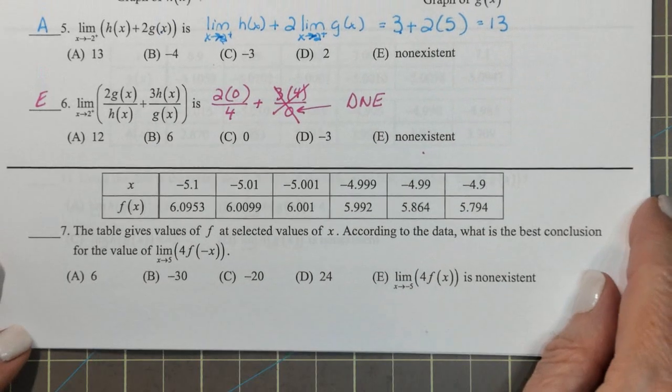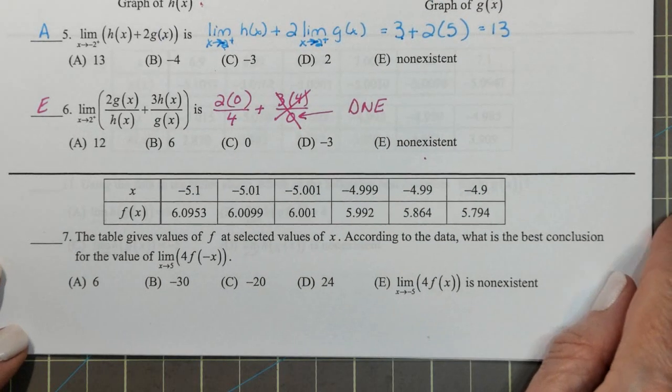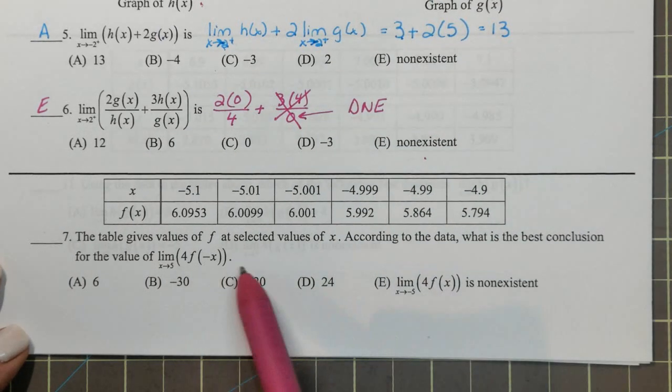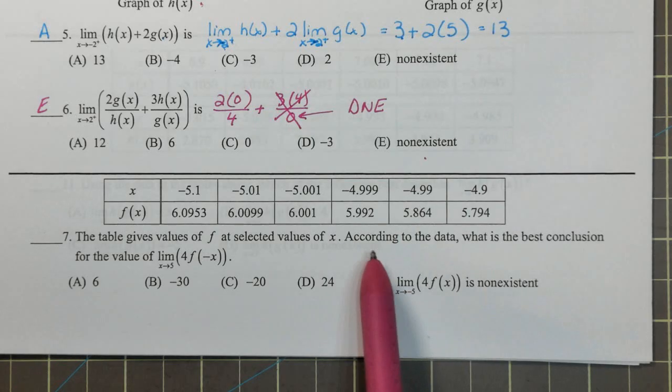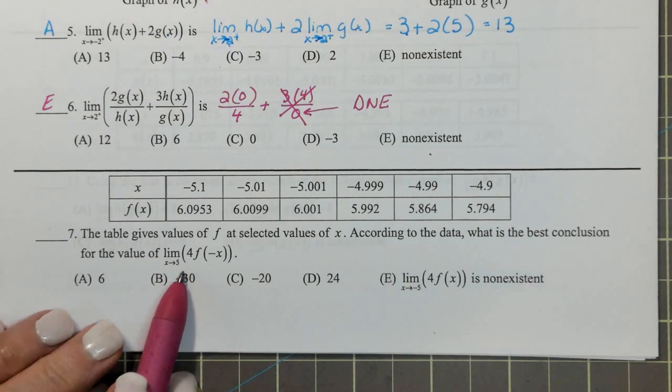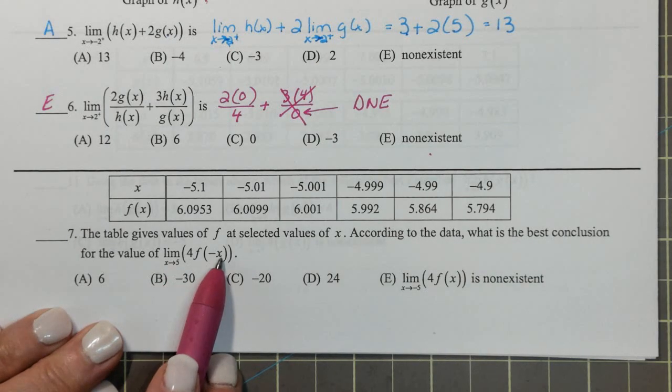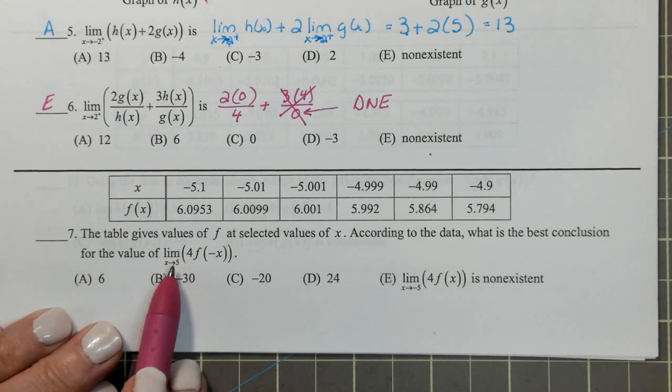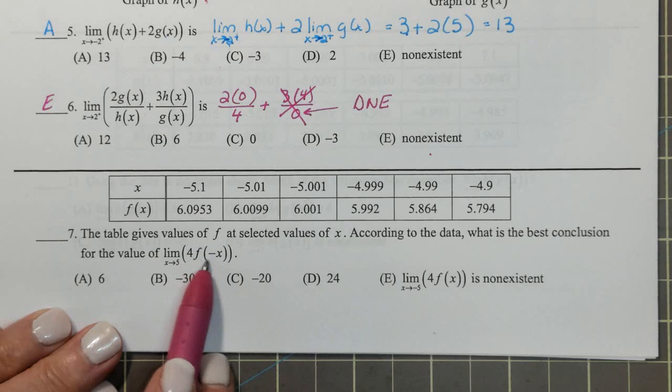All right, let's talk about this one. The table of values. The table gives values of f. What's the best conclusion of this? All right, x is approaching 5, but when I look in there, I see a negative x. If x is approaching 5, then what are we approaching on f?